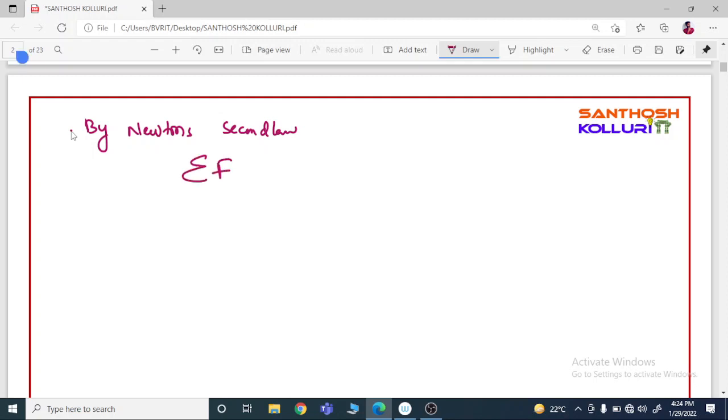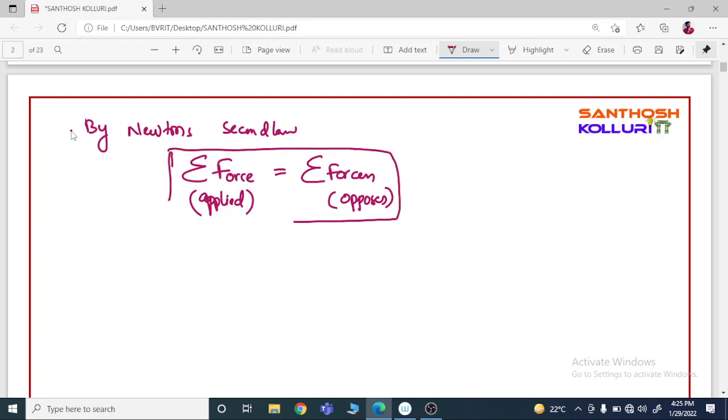This is an important law we apply in mathematical modeling, and this is the law we use in this representation.